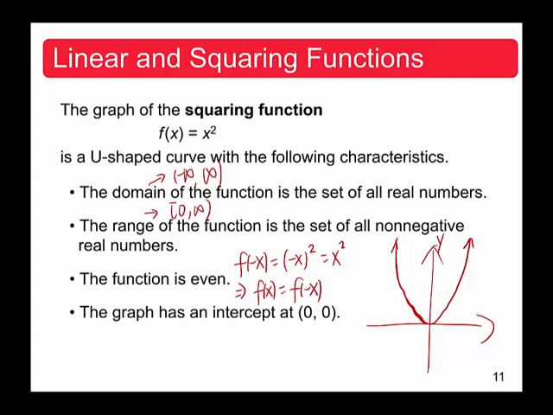And the graph has the intercept at 0, 0. From negative infinity to 0 it is decreasing, and then from 0 to infinity it's increasing. So that's a couple more things. And from decreasing to increasing, we have an absolute minimum here.